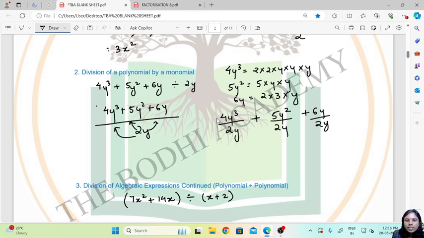Now you can do the cancellation. y cube becomes y square, and 2 and 2 cancel. In the second term the y goes off, leaving 5 upon 2 y. In the third term, 2 threes are 6, and the y gets cancelled. So what is remaining is y square plus 5 upon 2 y plus 3. Sorry, there is 1 y remaining, so 5 upon 2 y plus 3. This is one method. The other method is to write down all these factors and then do the division, but this is the easier way round.